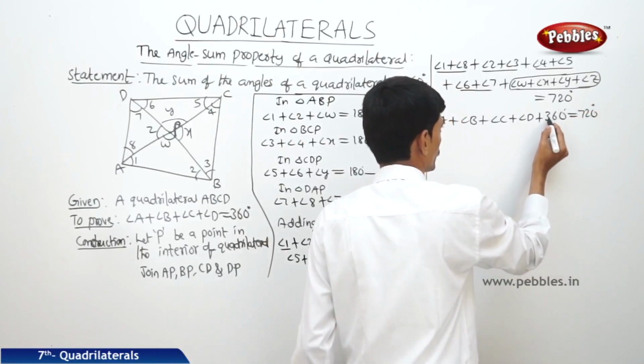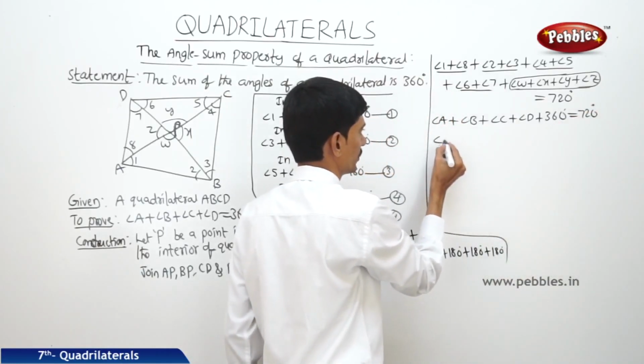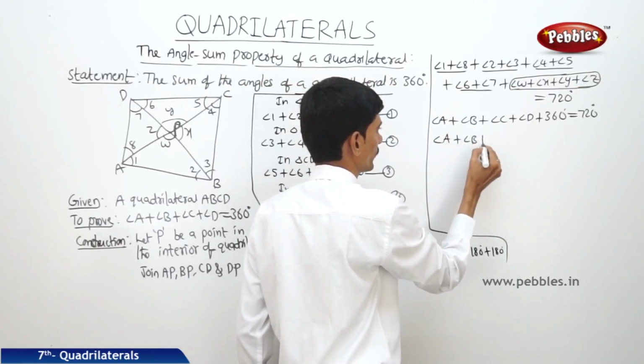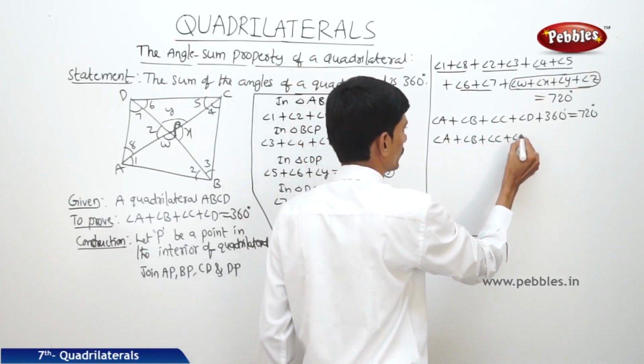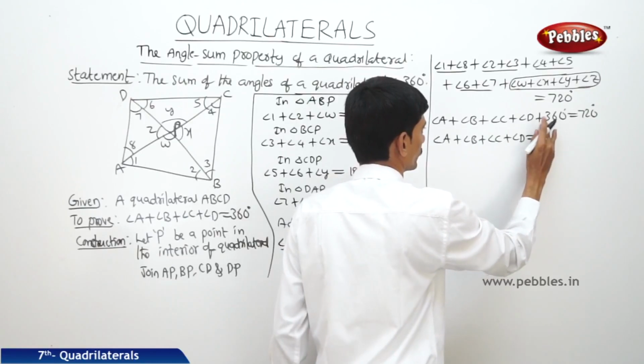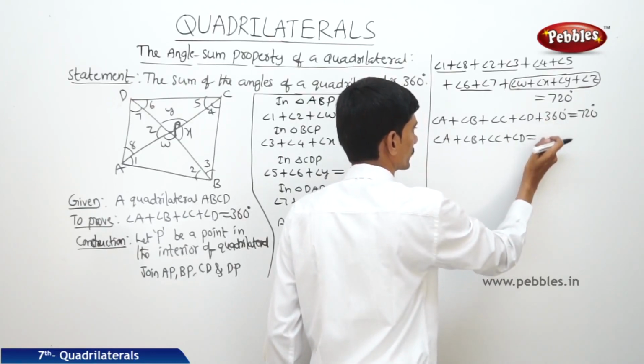Now if you transpose 360 to the RHS, then we get angle A plus angle B plus angle C plus angle D equals 720 minus 360 degrees.